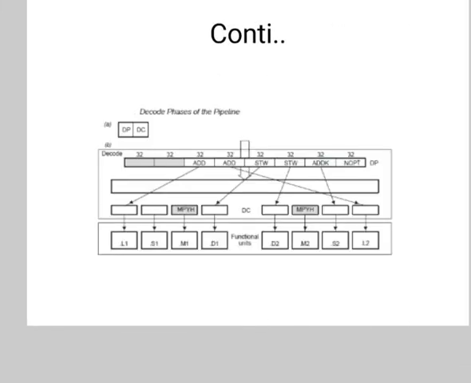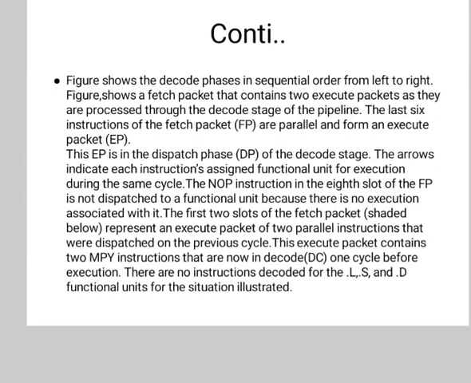So this figure shows the decode phases of the pipeline in sequential order from left to right. It also shows a fetch packet which contains 2 execute packets as they are processed through the decode stage of the pipeline. The last 6 instructions of the fetch packet are parallel and form an execute packet.